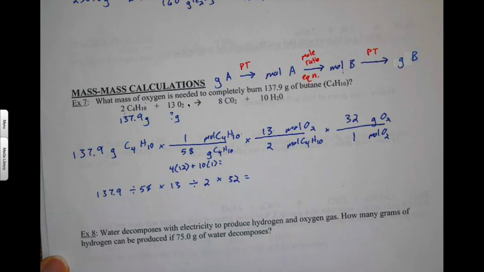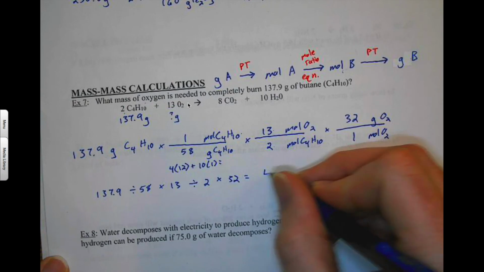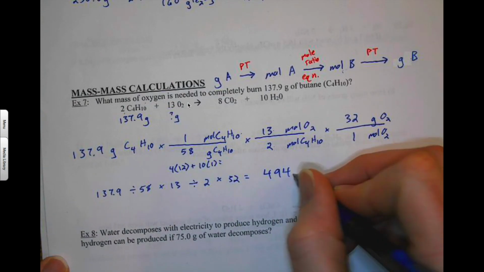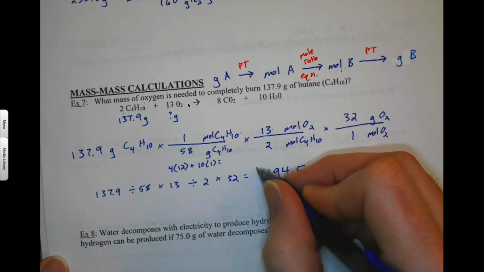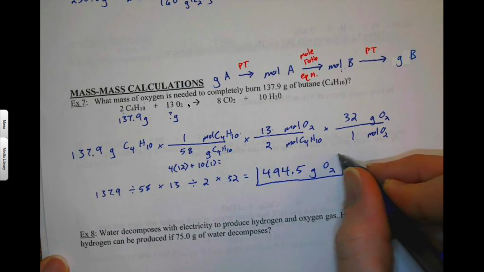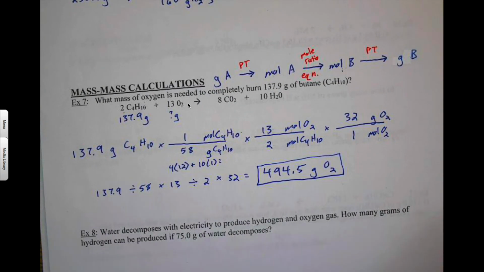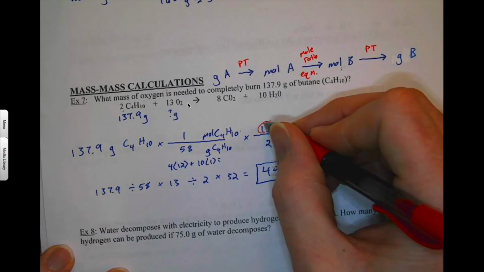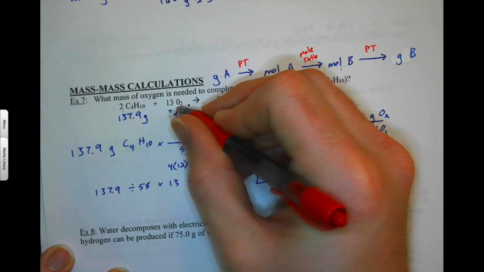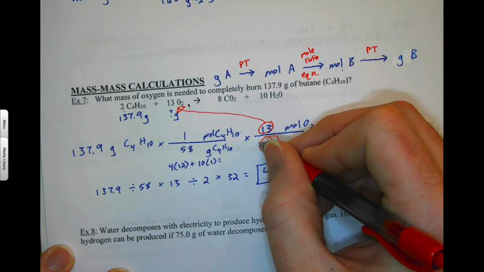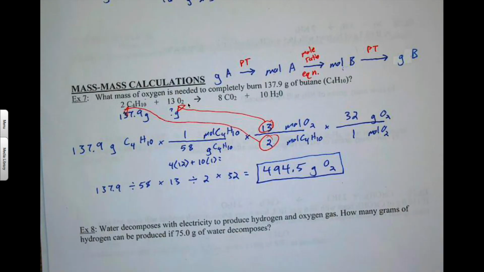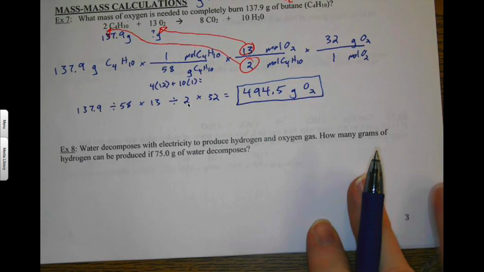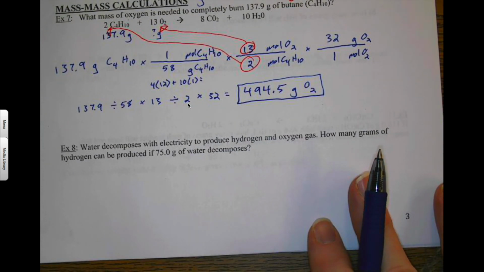Hit the equal sign, and you're going to get 494.5 grams of O2. Okay. Remember, this number came from here, and this number came from here. Okay. All right. Try that last one on your own, and we're going to be done.